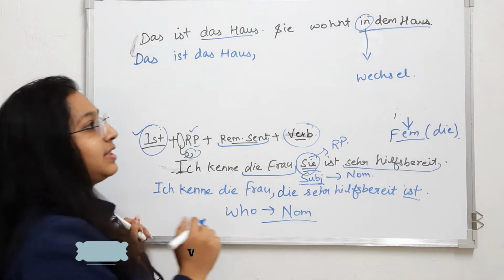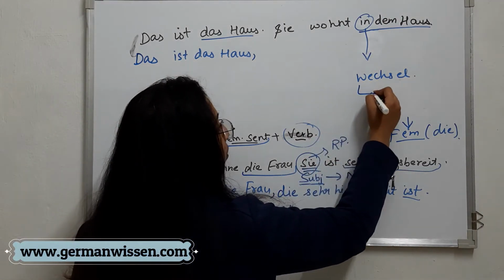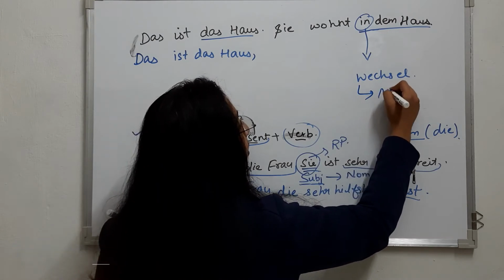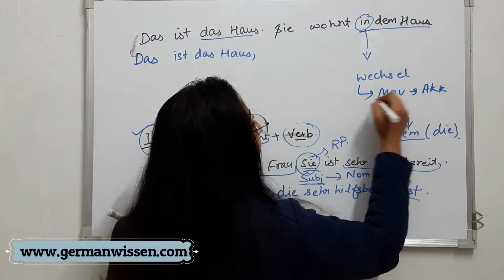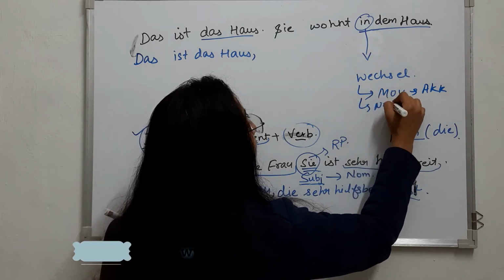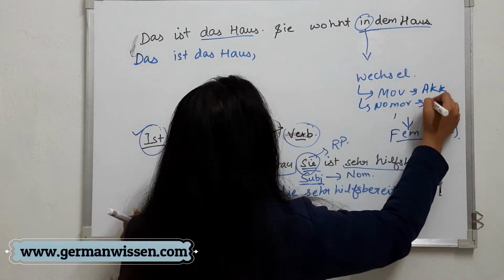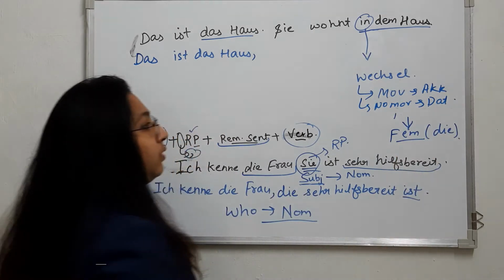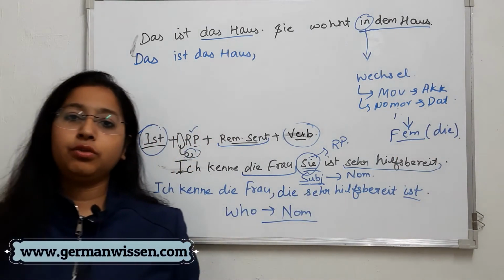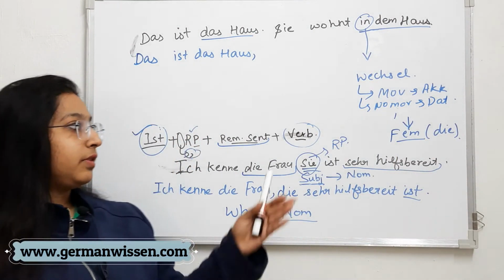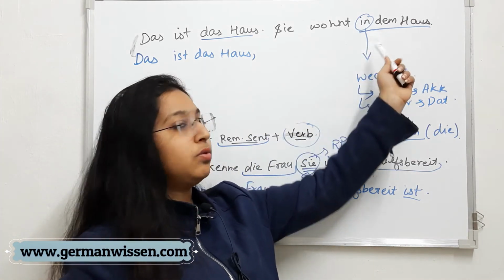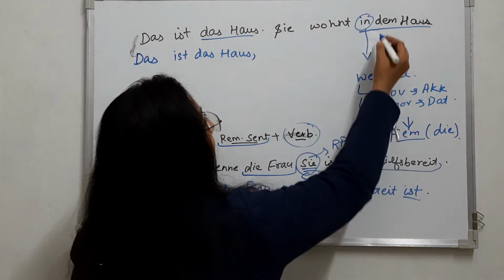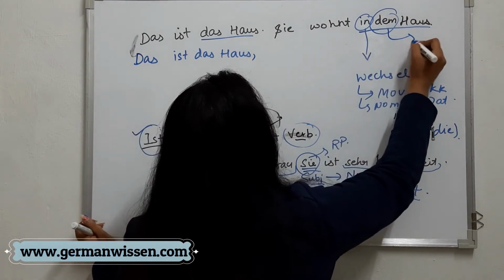But because a Wechsel preposition is there, and the rule of Wechsel preposition is that movement will always take accusative article and no movement will always take dative article. I am soon going to make a video for Wechsel preposition also. As of now, this is just a hint, and because in this sentence there is no movement, that's why the article here is dem.